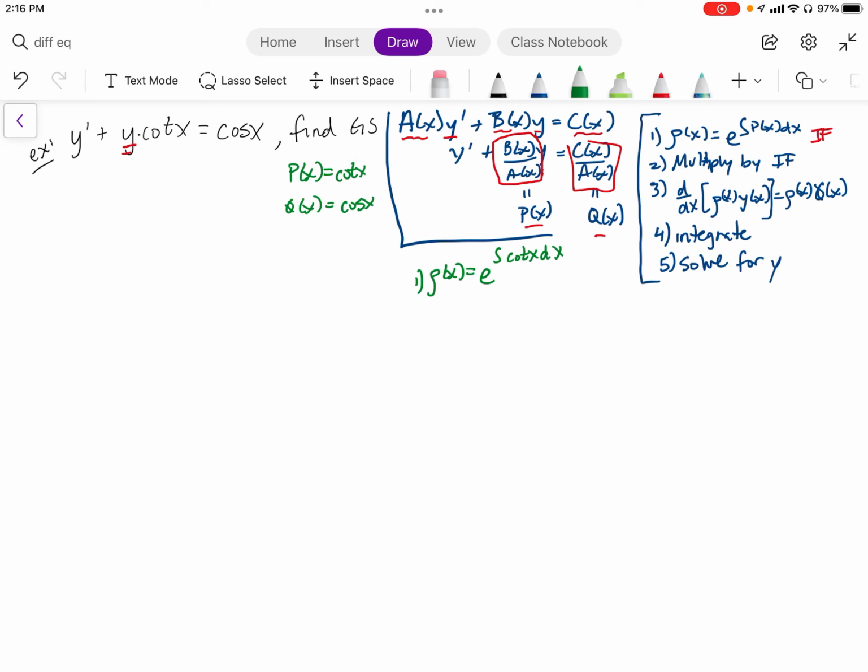And to integrate cotangent, there are formulas, but this one we could actually do just fine with substitution.